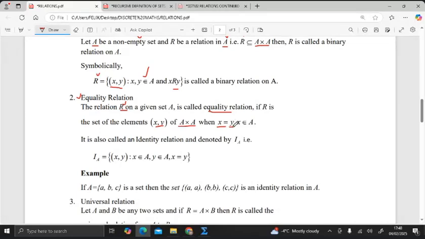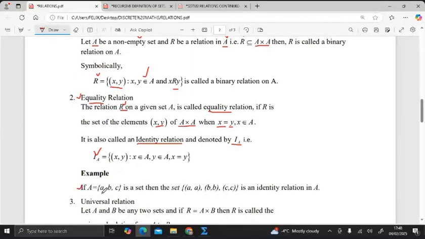This R is a subset of A cross A. And we told that this one is called an equality relation if R is the set of elements of A cross A where X is equal to Y. You see a good example here. This one is called an identity relation also.